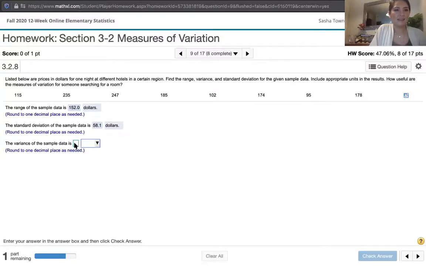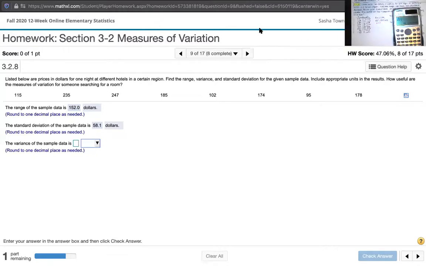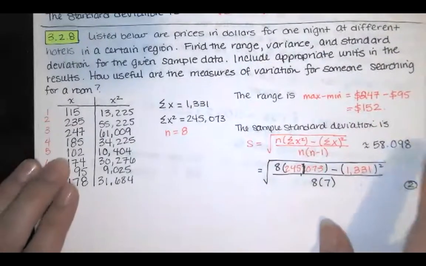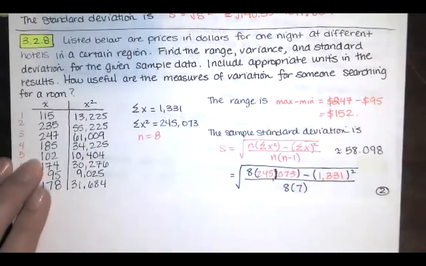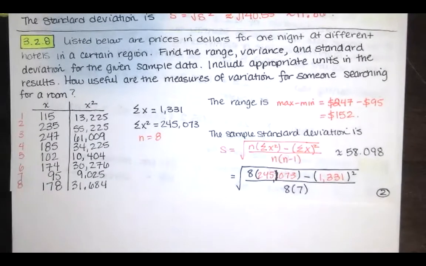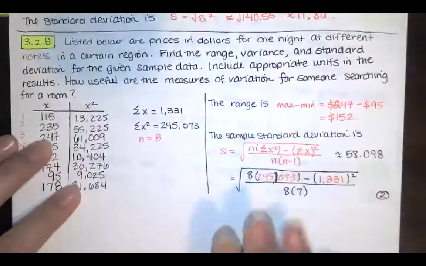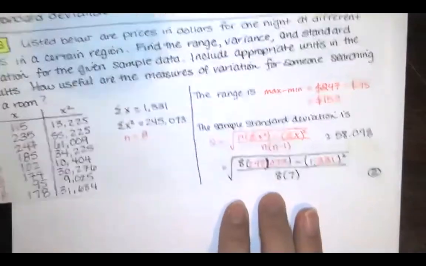Okay, now it asks for the variance of the sample data. You just take the sample standard deviation and you square it. I'll show you my paper again. Actually, I think I'm going to use a new sheet of paper now.